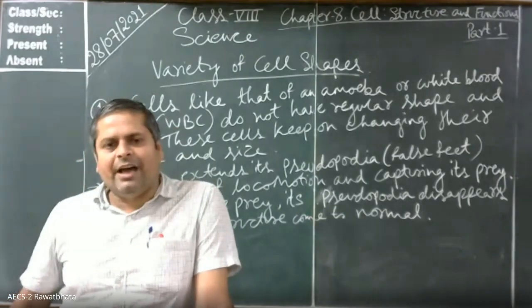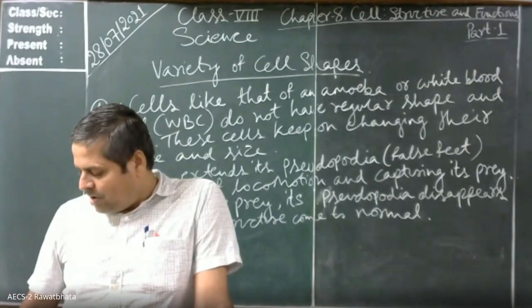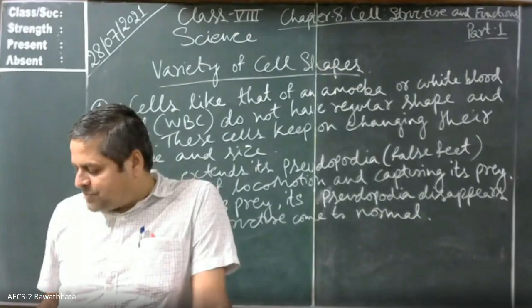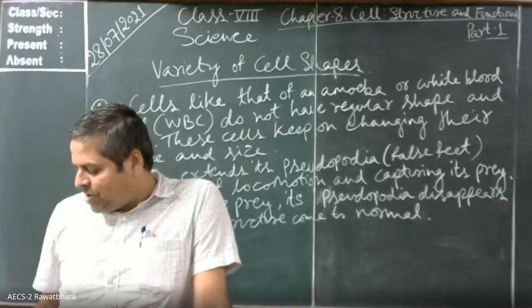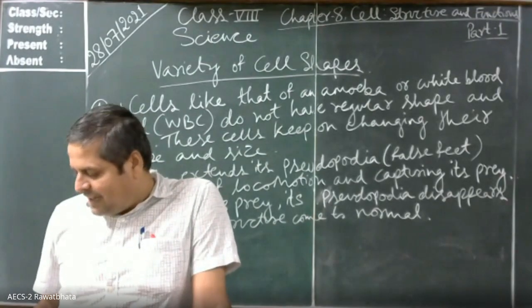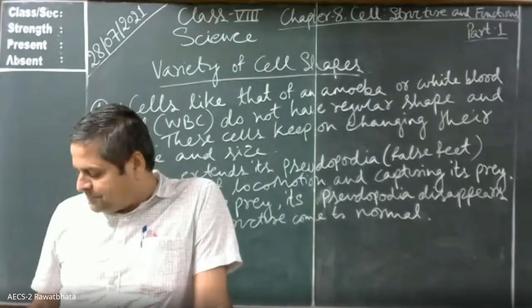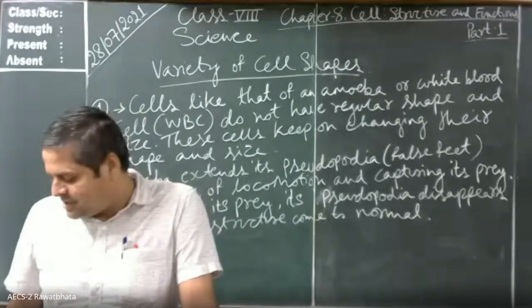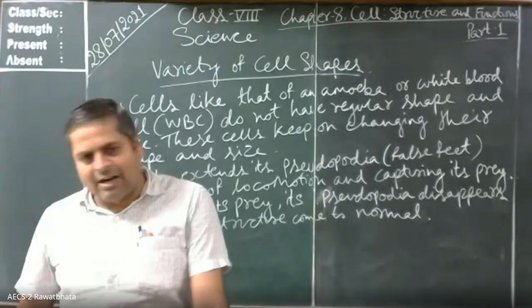No, sir. Now, children, see, on page number 19, there are given different types of cells like muscle cells, nervous cell, spindle-shaped muscle cells, long branched nerve cell, and red blood cells.